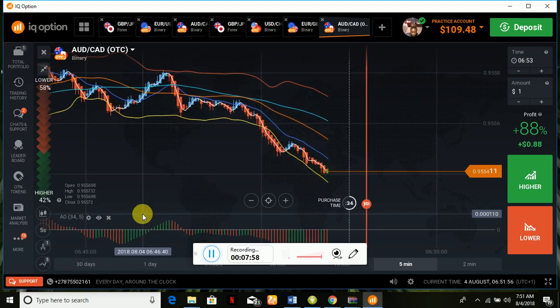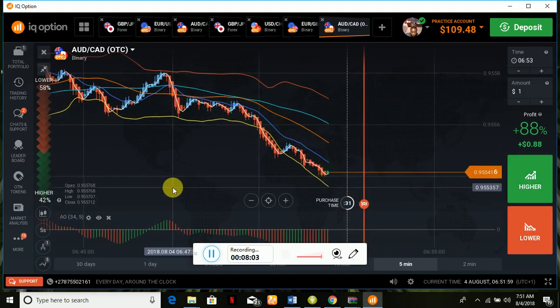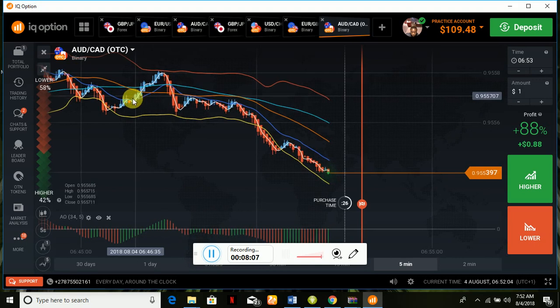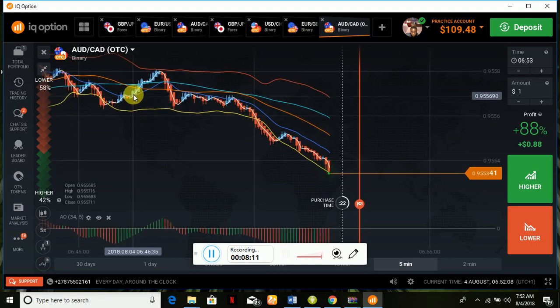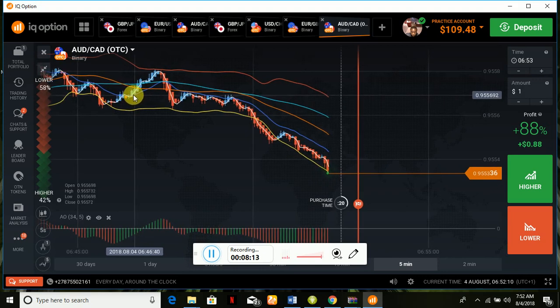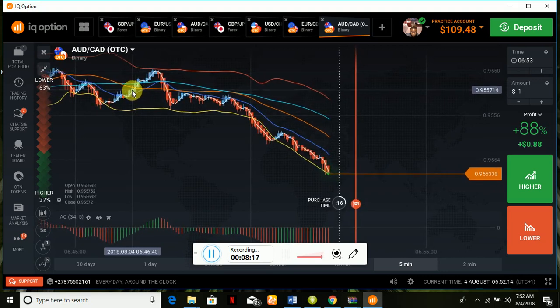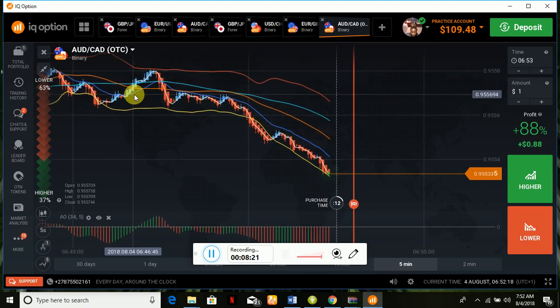Before I go to that, now your buying and selling condition, higher and lower, this is what we're going to be looking at. You see your white line here where it crosses above your blue line, and the trend is going up.